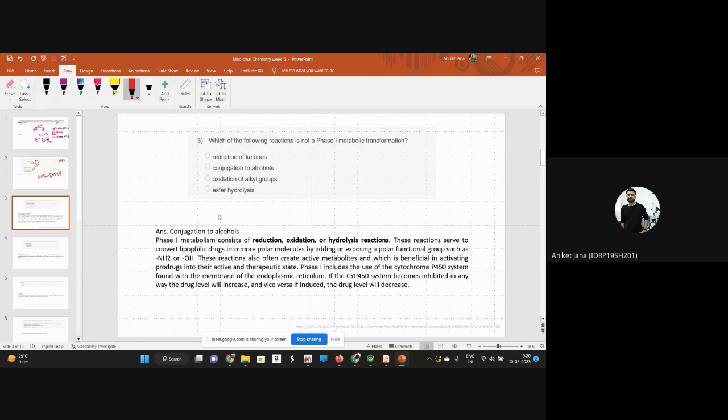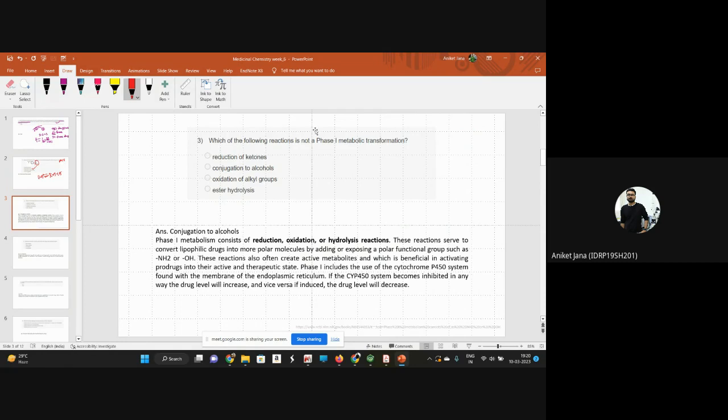Okay, so phase 1 metabolism consists of reduction, oxidation or hydrolysis reactions. These reactions serve to convert lipophilic drugs into more polar molecules by adding or exposing a polar functional group such as NH2 or OH. So in this kind of reaction, a more polar group is introduced.